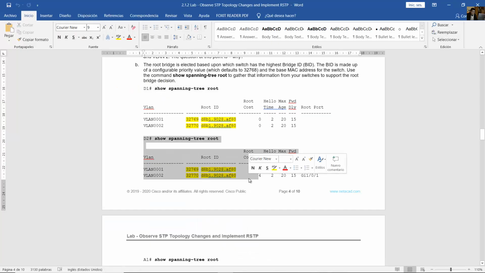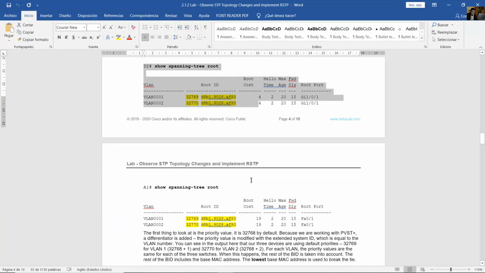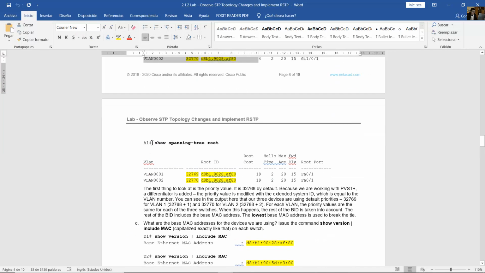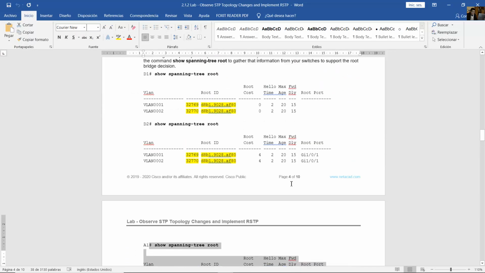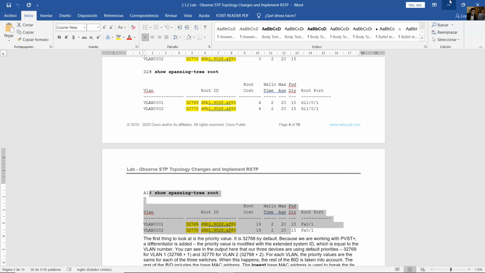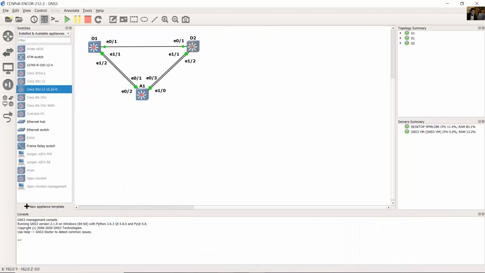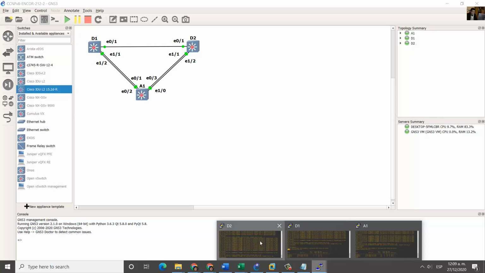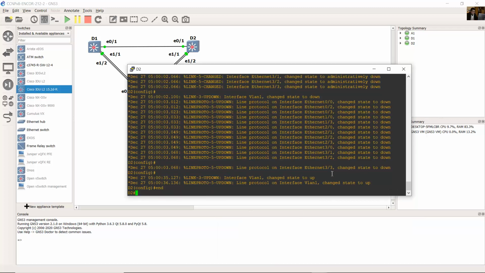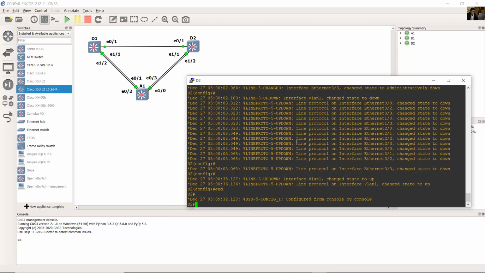On D2 and on A1. Go to D2 and show spanning tree root.